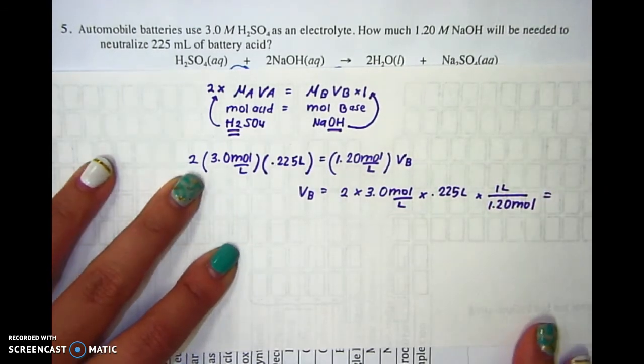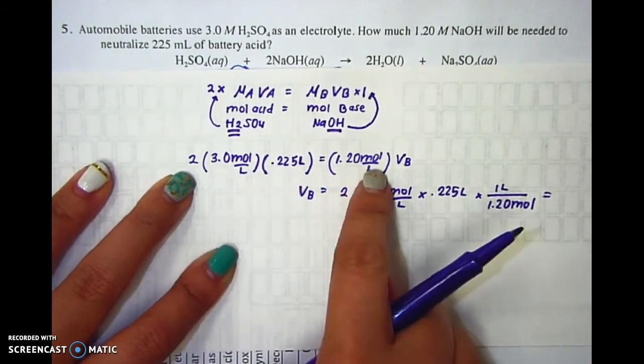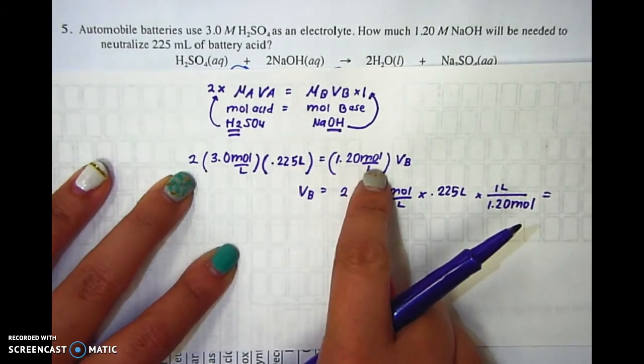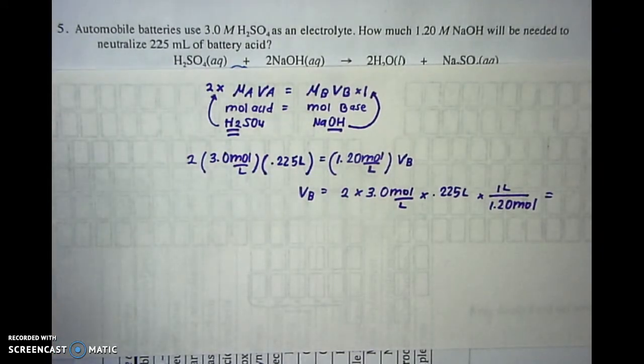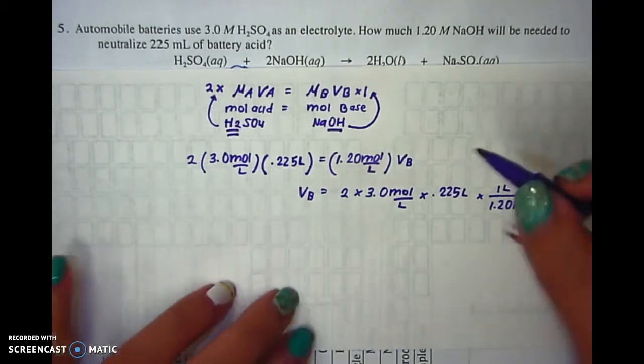And if you take this out and multiply everything and then divide by the 1.2, so 2 times 3 times 0.225, and then divide that by 1.2, that's 1.125.